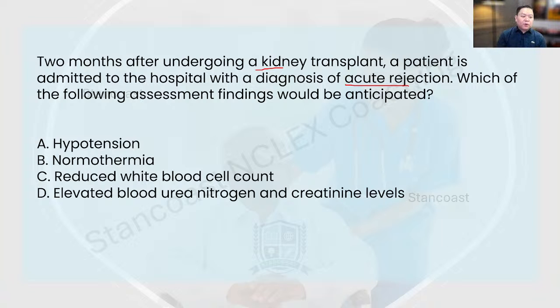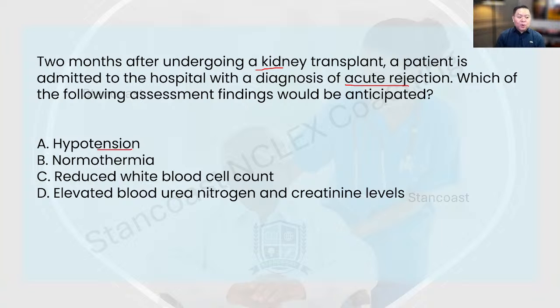So for letter A, hypotension. Is it one of those findings that you would anticipate if there is rejection? Remember what I said yesterday? Hypotension is basically low blood pressure, right? So it's not a typical finding in acute rejection of a transplanted kidney.